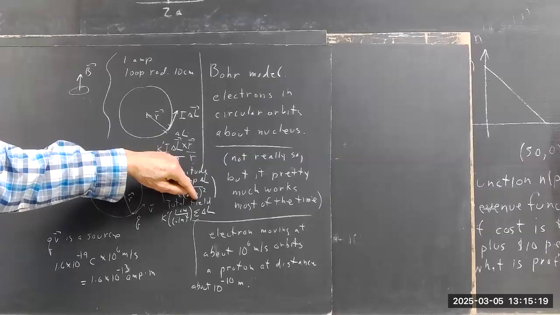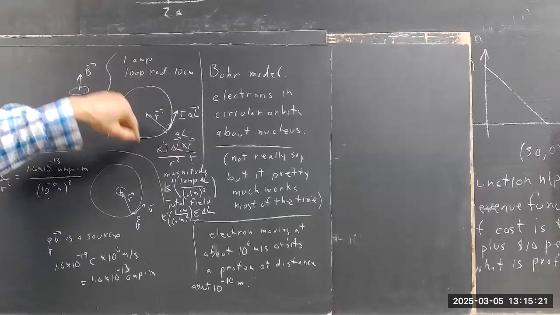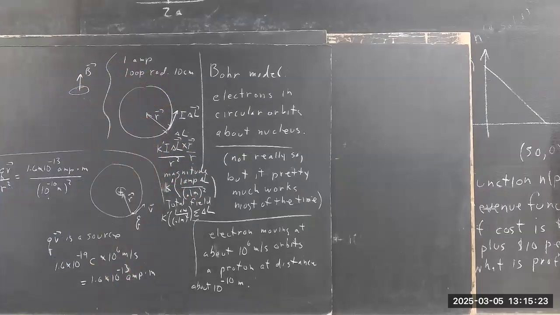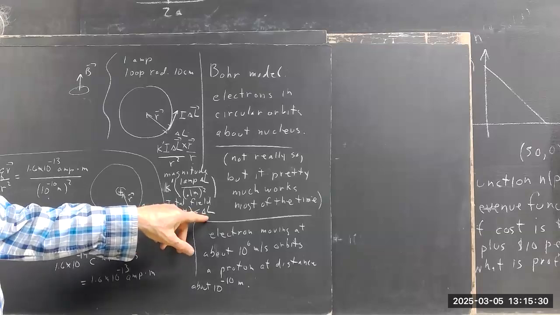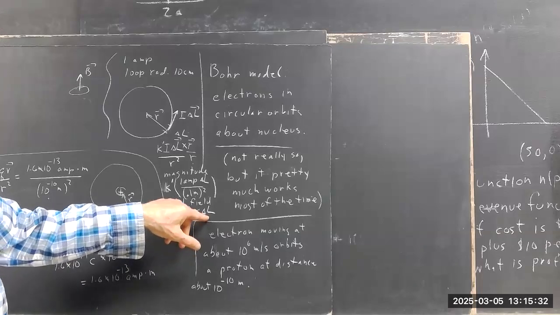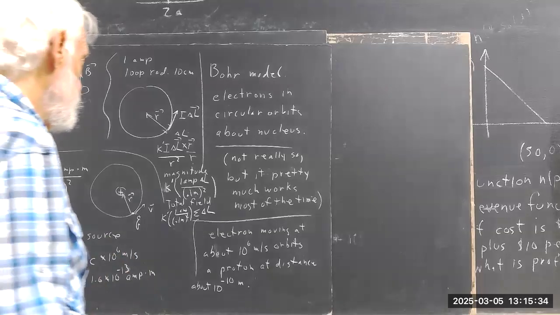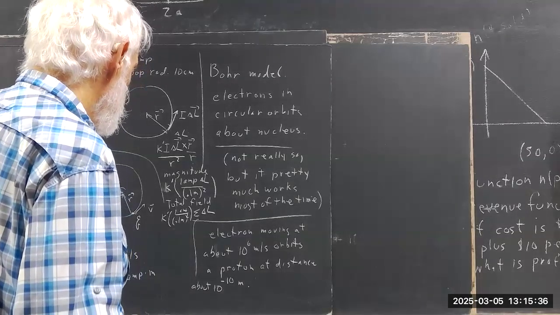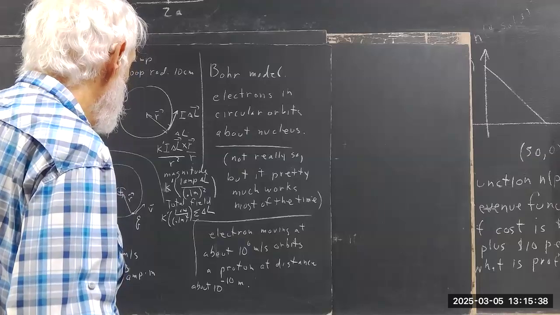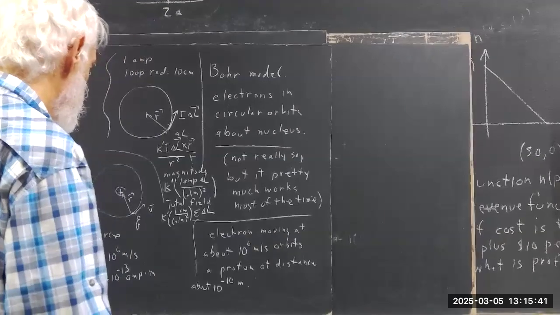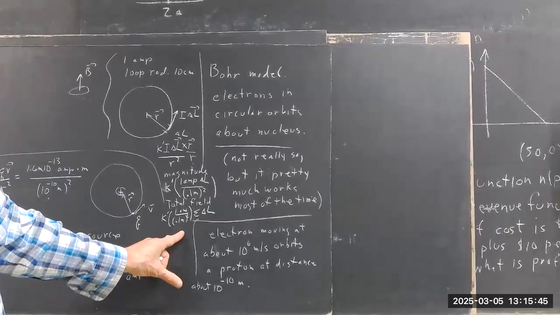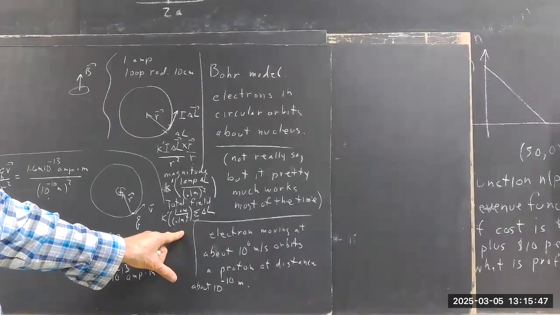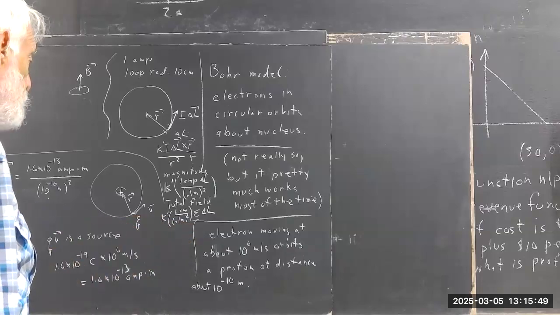Well, the 1 amp and the 0.1 meter squared is the same for every delta L. So you just factor that out and just add up your delta L. I should write it bigger.